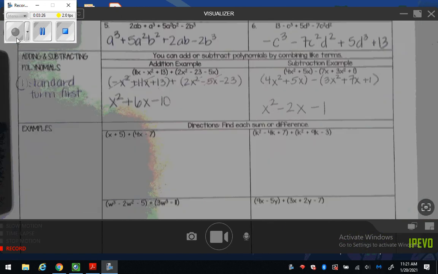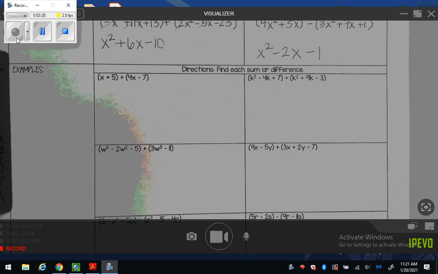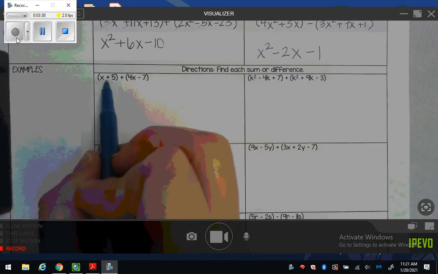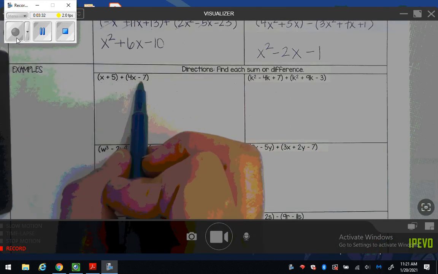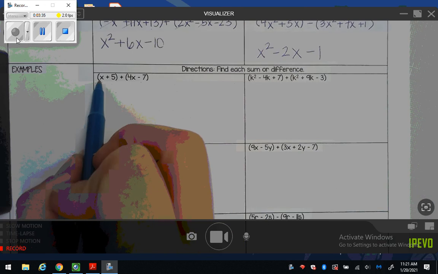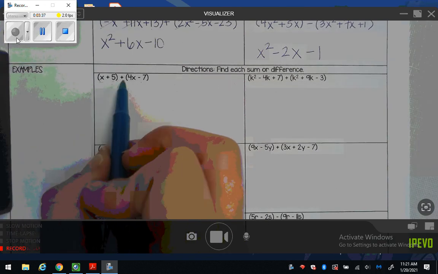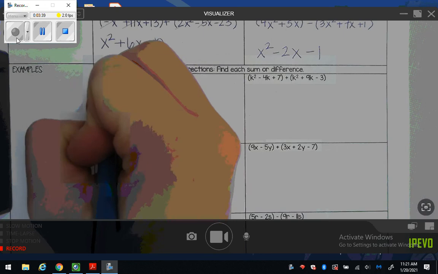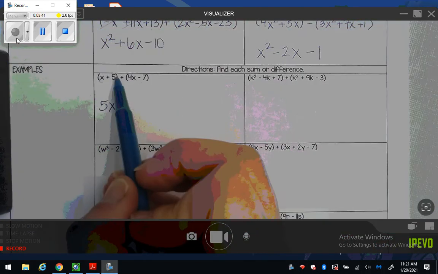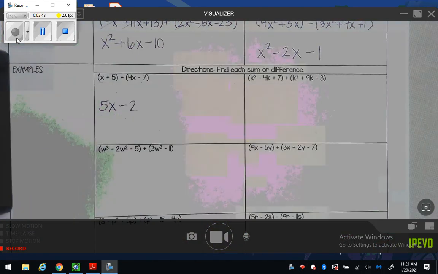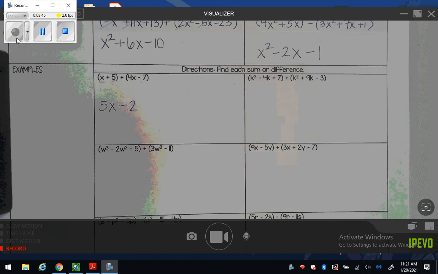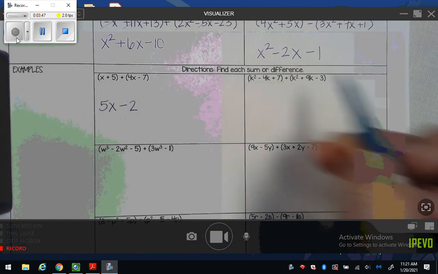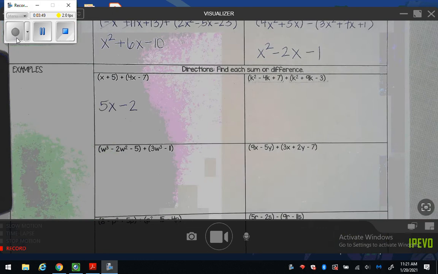We're going to do a couple more examples, then I want you to do some, and then you'll come back and check. So this is in standard form, as is this, so combine like terms. X, so that's x, that means 1. So 1x plus 4x, so that is 5x. 5 plus negative 7 is negative 2. Standard form, yes. Standard form, yes. So combine like terms.